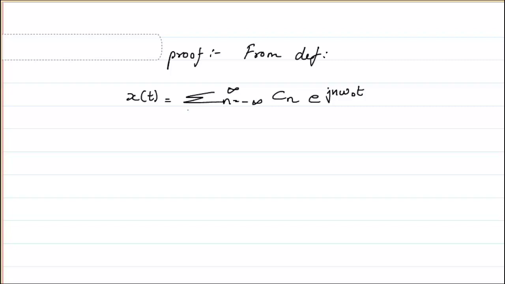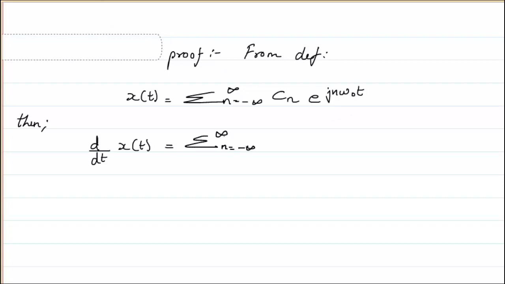From definition, we know that x of t is basically summation of C of n e raised to power j n omega naught t. Then if we differentiate, that is d by dt of x of t, it is basically differentiating this whole function. But when you differentiate, this summation does not matter because it is with respect to n, and even this Cn does not matter because that is also with respect to n. So there is no point in differentiating these two. The only differentiation will happen for that.